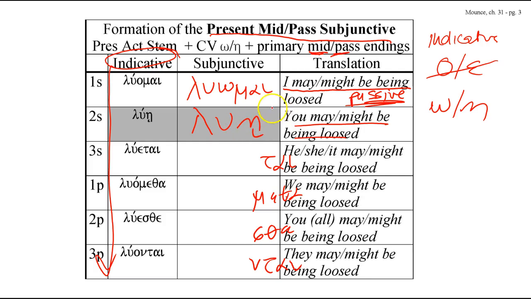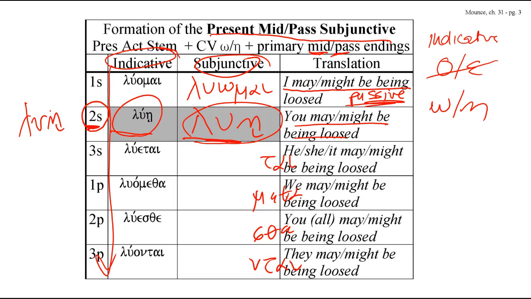Now, you've now seen luē not just 2 times, but in the previous slide, 3 times. So this form luē can be translated 3 different ways. It can be translated as the second person singular, present middle passive indicative, so you are being loosed. That's the indicative translation. It can be translated as the subjunctive, you might be being loosed.